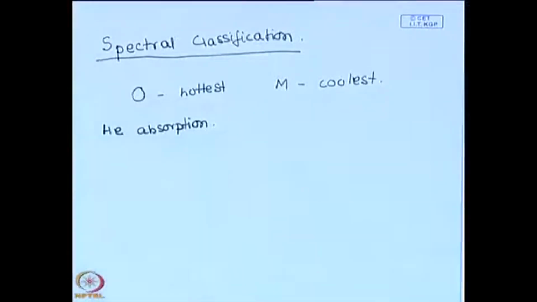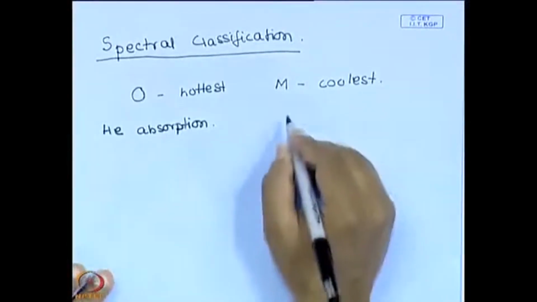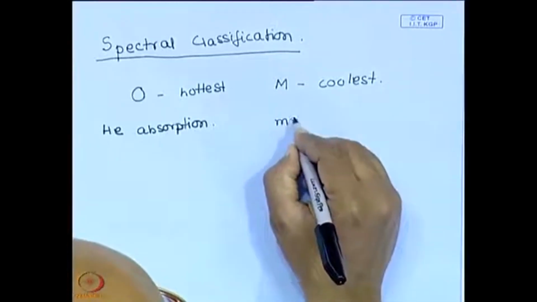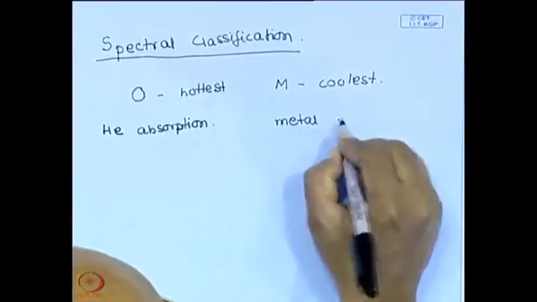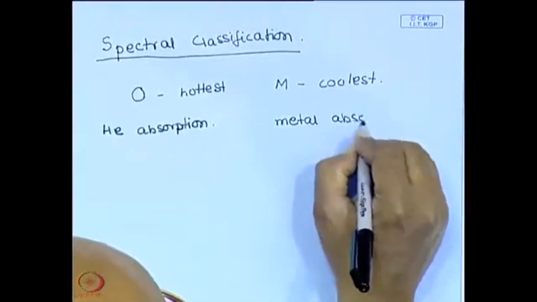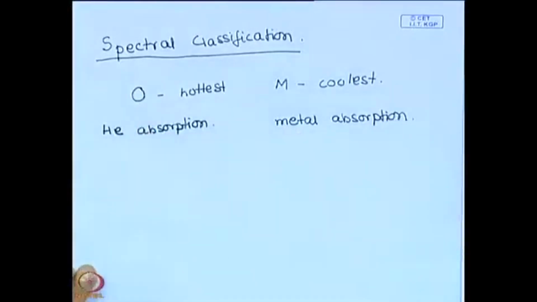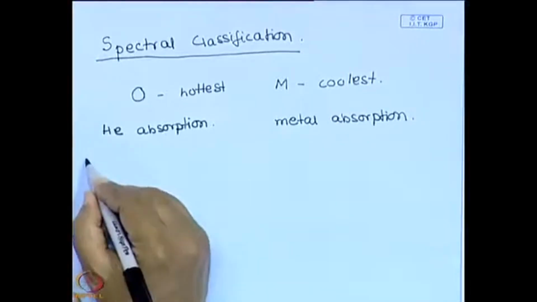So, you can observe helium absorption lines, whereas in the M stars you get metal absorption lines. These are the two extremities. The whole spectral classification is as follows. So, the hydrogen burning stars.